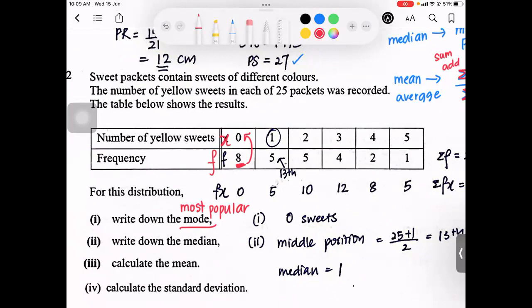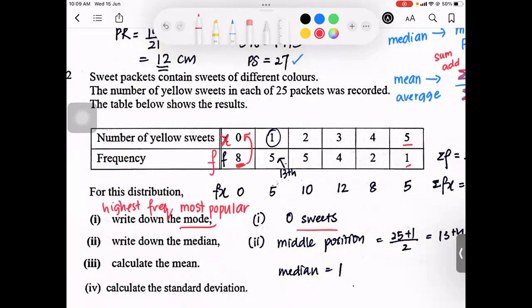Some people say 5 is the most, so they thought 5 is the mode. No, for 5 the frequency is only 1. It's a very low frequency. So don't look at the data value, look at the frequency. Most popular, highest frequency. So 0 sweets, you notice I include units.